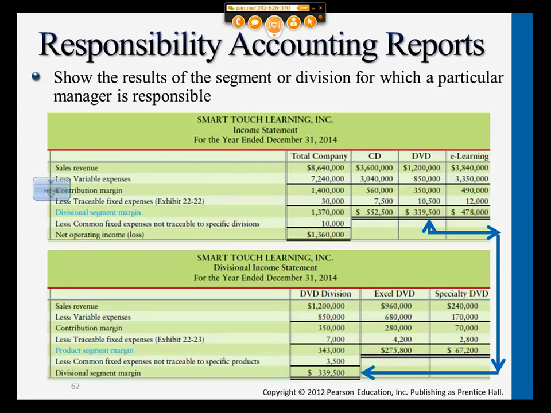So what does it mean here? If I were just to look at the division segment margin, just for this DVD division, I can split it even further. Right now my division is composed of these numbers. I have my sales revenue, variable expenses, contribution margin, traceable fixed expenses, product segment margin, common fixed expenses not traceable to specific products, and then divisional segment margin.